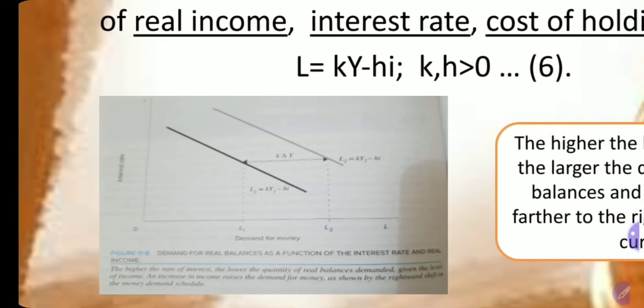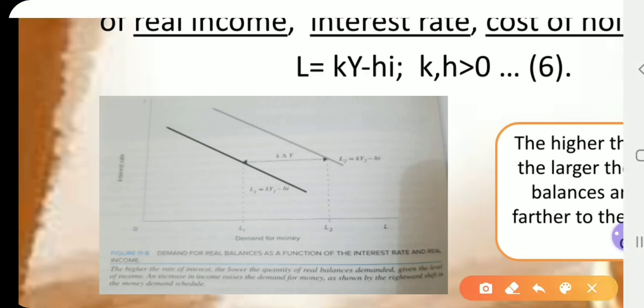Okay, and if you see the figure here, there is a K and H. Both of them reflect the sensitivity of the demand for real balances to the level of income and the interest rate.